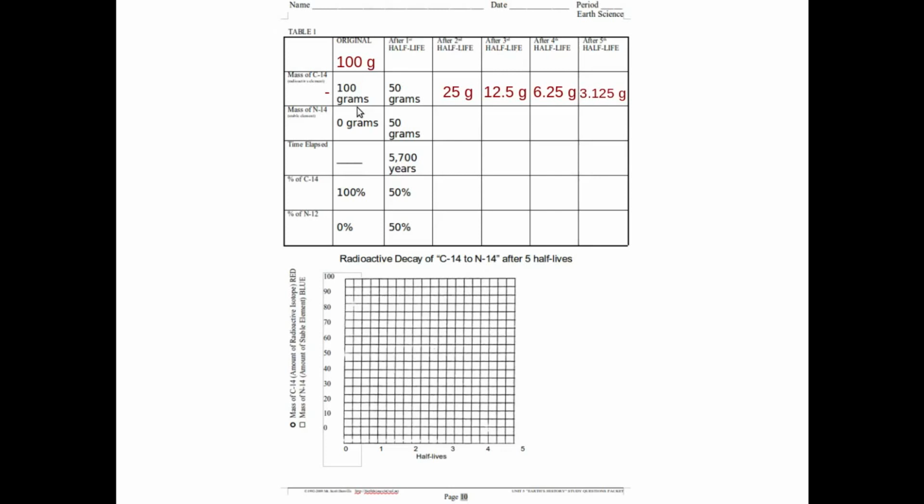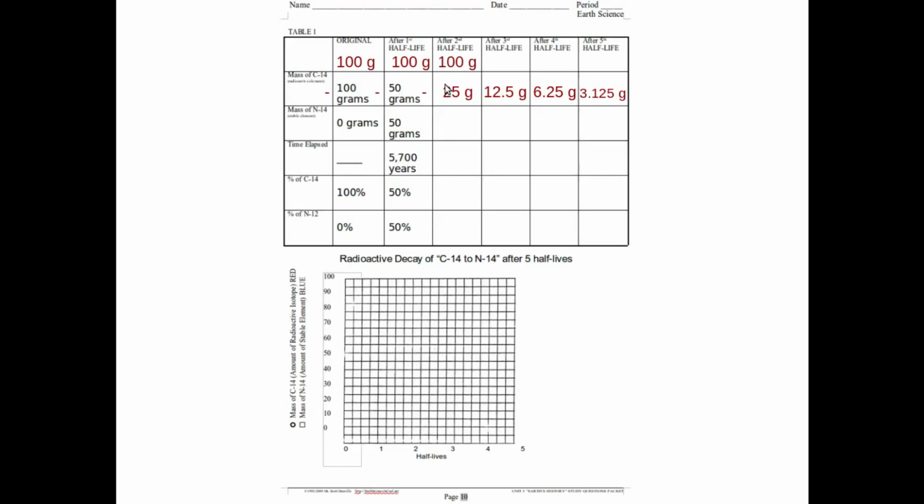And so what happens is, mathematically, if we just put the 100 grams up top and subtract the radioactive amount, we'll always get the complement to equal 100 grams. So 100 minus 50 gives us 50 grams.